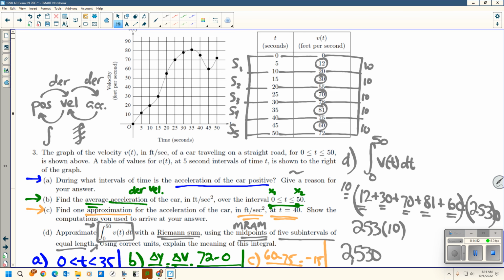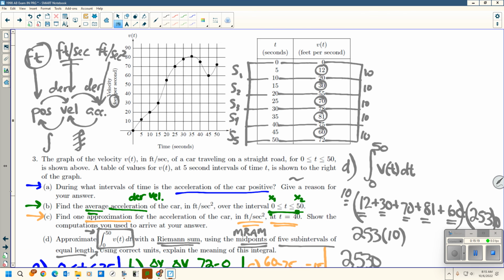So now we have position. Position is in feet. Velocity is in feet per second. And acceleration is feet per second squared. I had this and went backward to this.